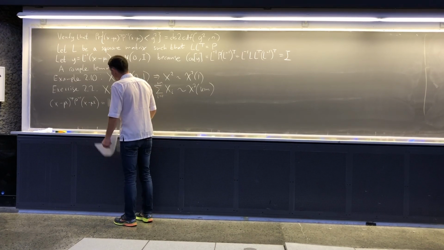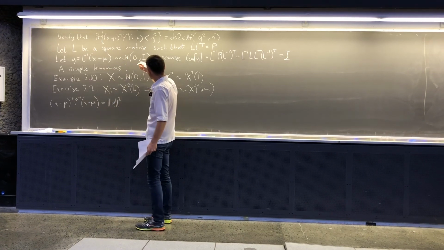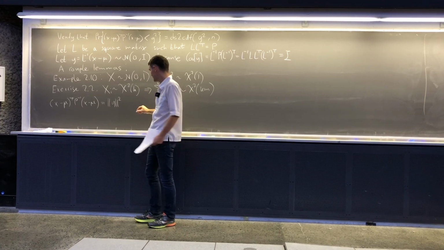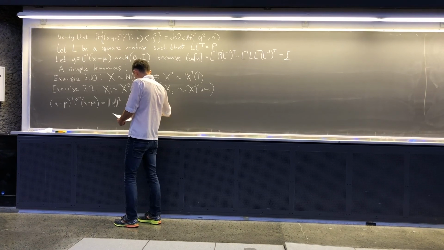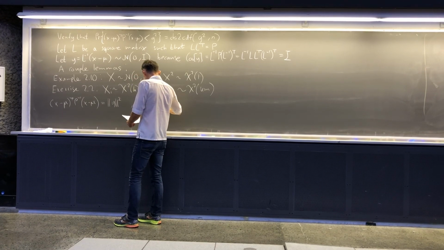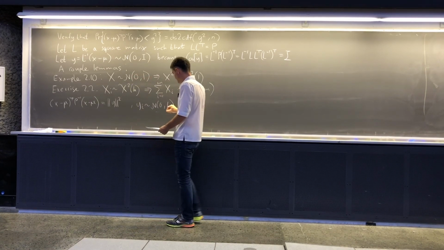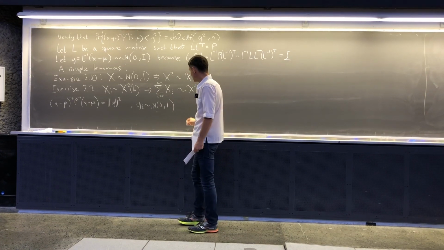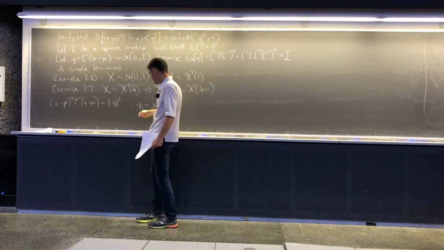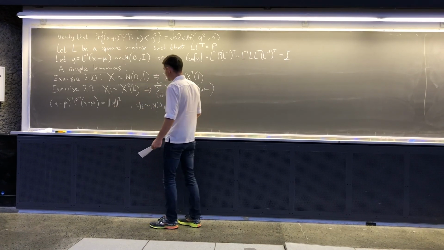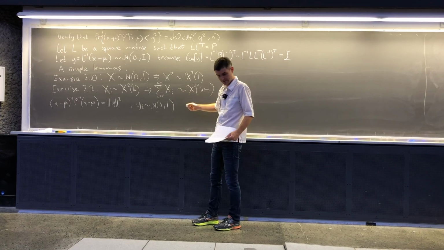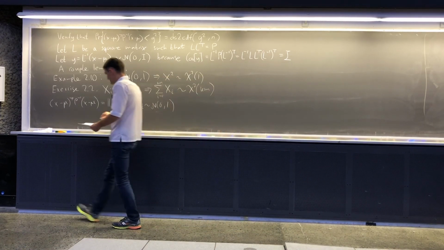Then, since y is distributed according to this, I know that every single element of y has a standard univariate Gaussian distribution. Then I'm going to sum up the squared y's, so squaring is done here, sum is done here, and then the result follows.